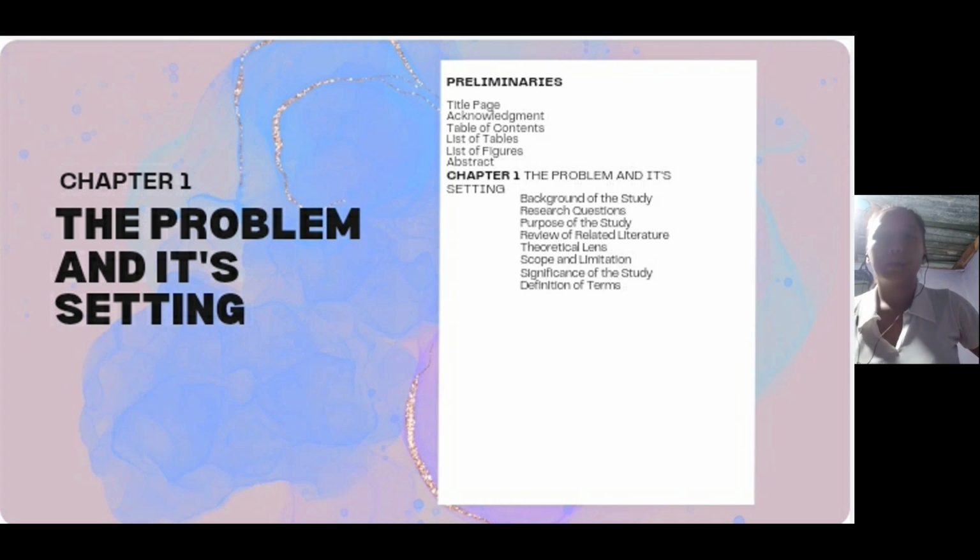Chapter 1, the problem in its setting. First is the background of the study, the first section of the paper, to establish the context underlying your research and the rationale and key problems that are addressed in the rest of your paper.